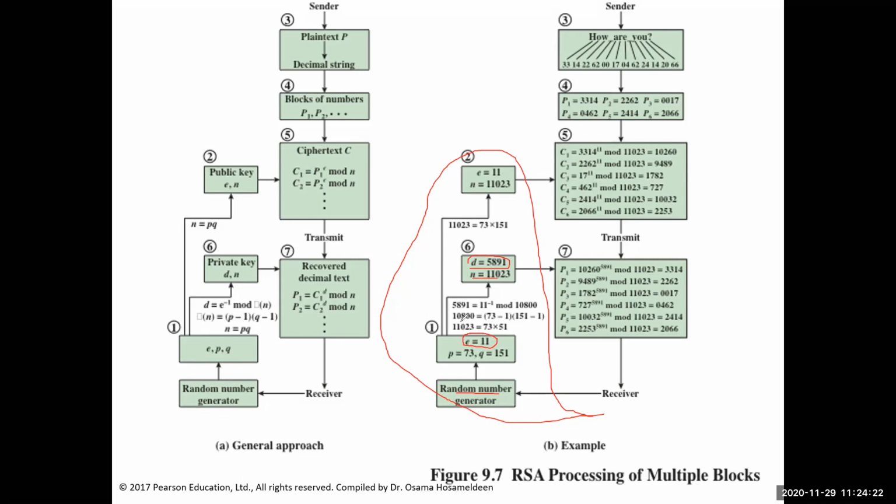And this is how to calculate this N: we have the prime numbers here, 73 subtract 1, 151 subtract 1, and multiply them together to have the number here, which is 11,023.